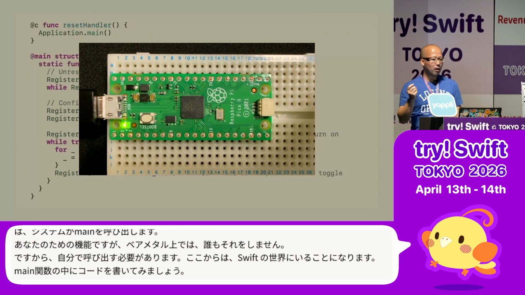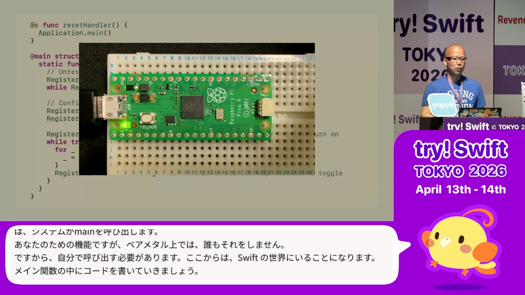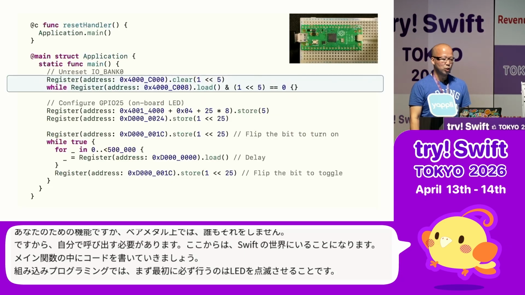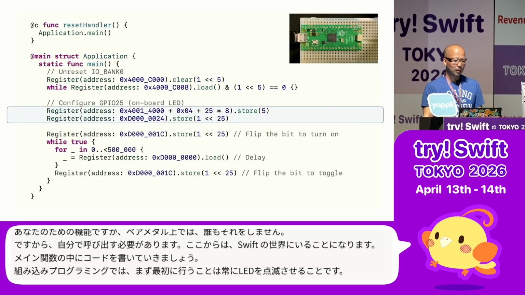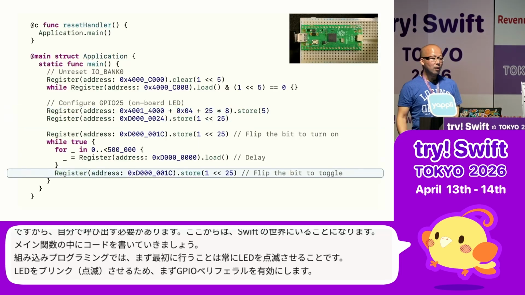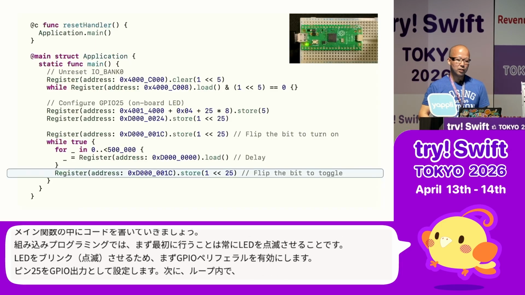In embedded programming, the first thing you always do is blink an LED. To blink an LED, we first enable the GPIO peripheral, then configure pin 25 as a GPIO output. Then, in a loop, we write a value to a register that flips the bit for pin 25.